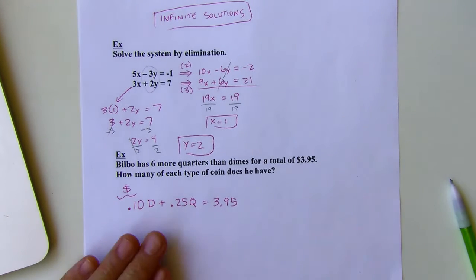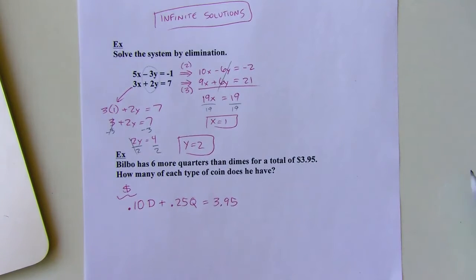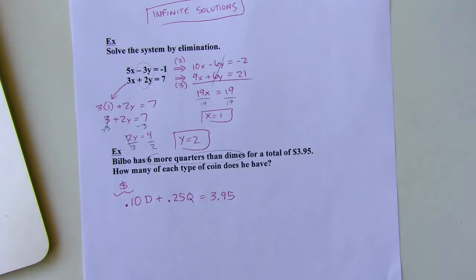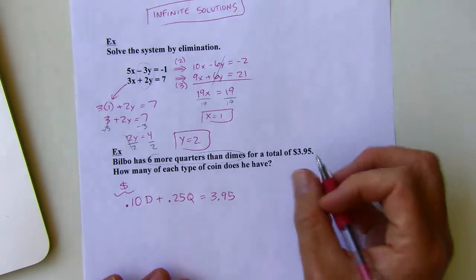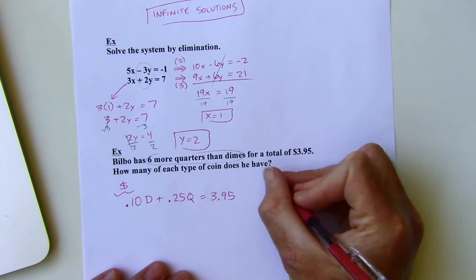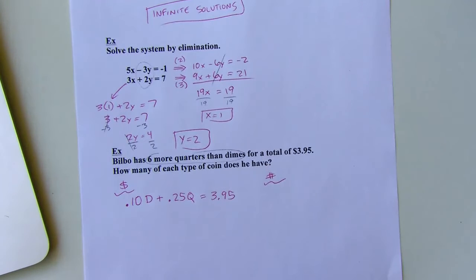Okay. All right. So we need a second equation. We can't actually solve this for dimes and quarters, but we still haven't used this piece of info. We've only really used what the coins are worth. So I'm now going to write an equation that's dealing with the number of each. So I've got 6 more quarters.